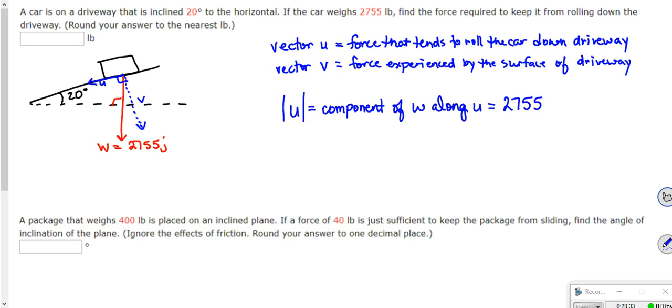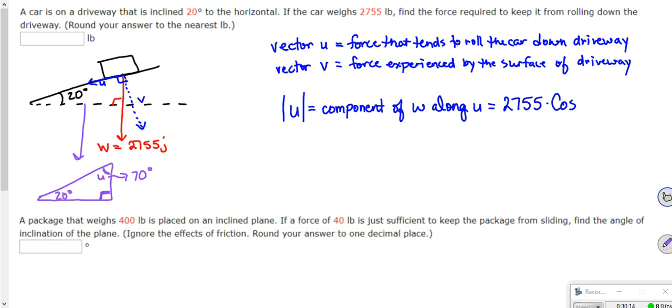2,755, that's the weight of the car, times cosine of, now, here's where it gets interesting. Think about this triangle right here. If this is 20 degrees, this right here is my U. Well, what degree measure is U? If this is a right triangle and this is 20 degrees, then that makes the angle U 70 degrees.